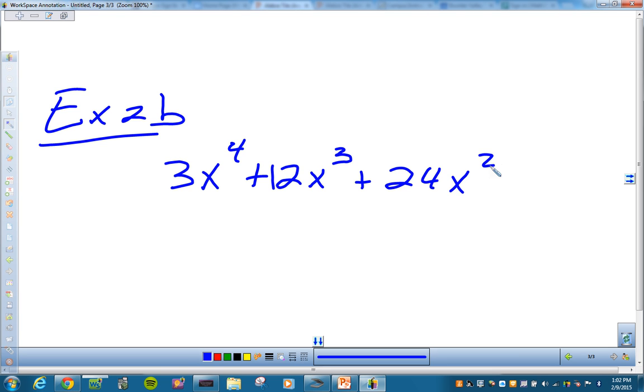What's the biggest number you can divide out of each? Jacob. Yeah. 3. Perfect. Good job.